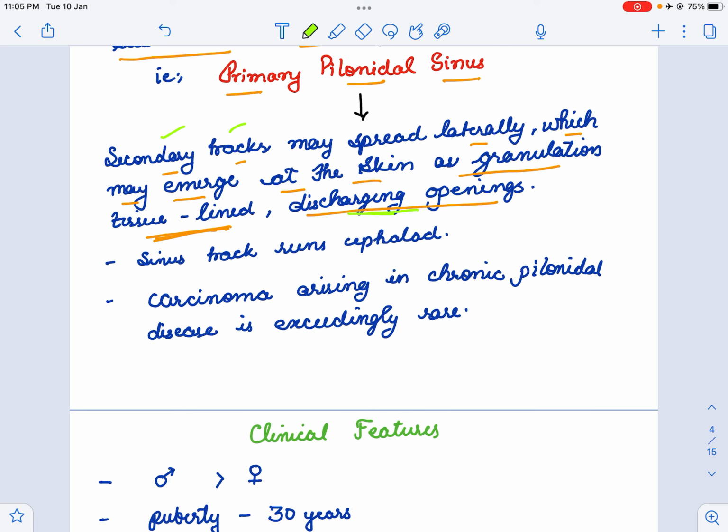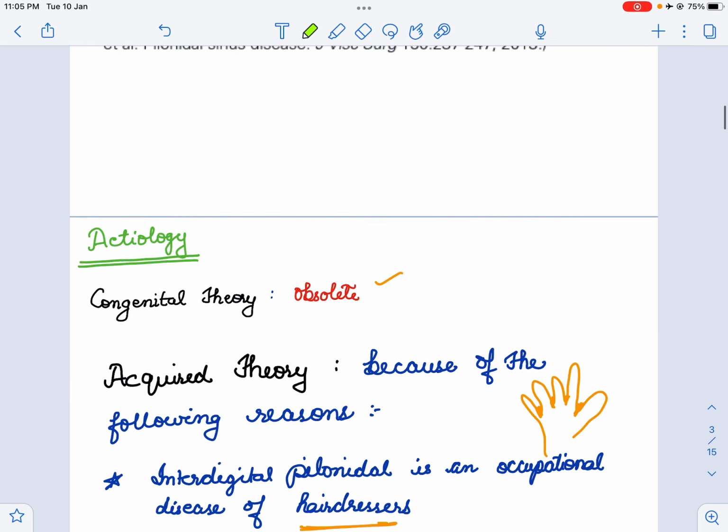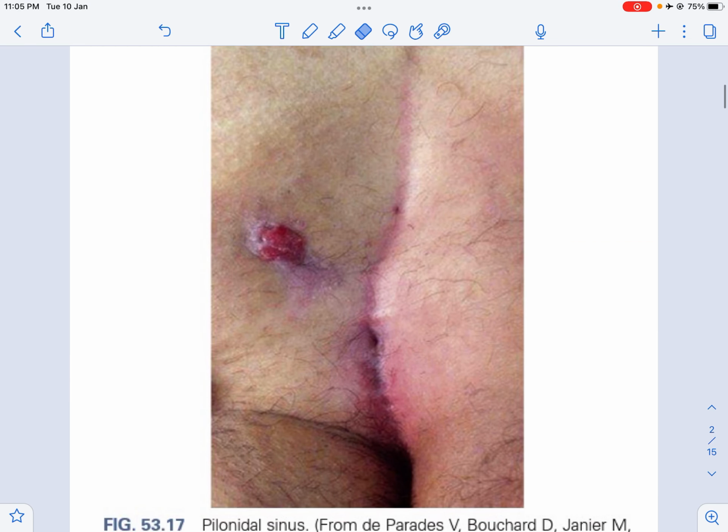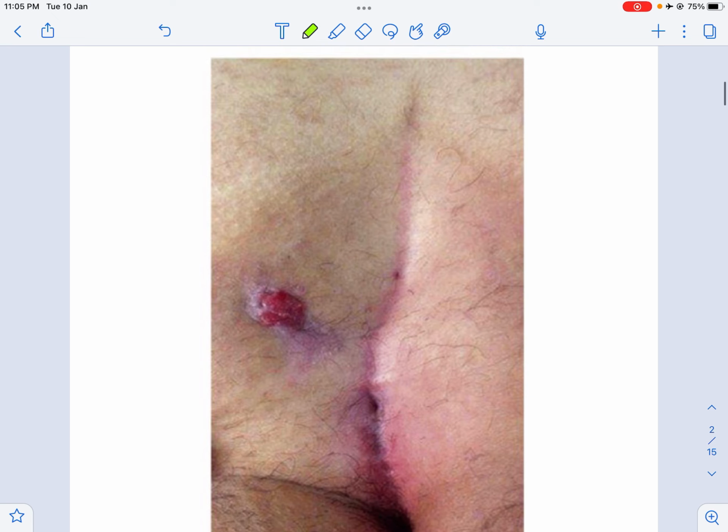Now, the sinus tract runs cephalad. That is, the sinus tract always runs in this direction. It never runs in this direction. So, in this patient, presumably this was the first opening, and this is the direction of the sinus tract.